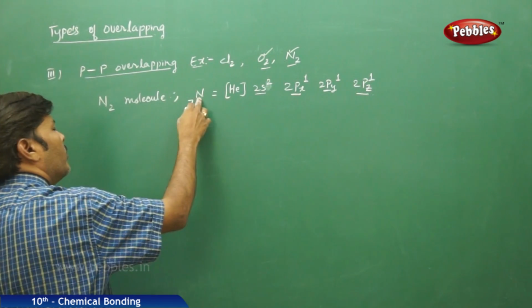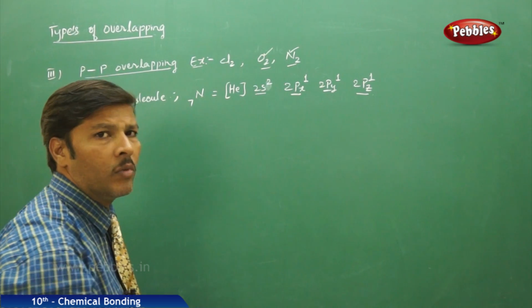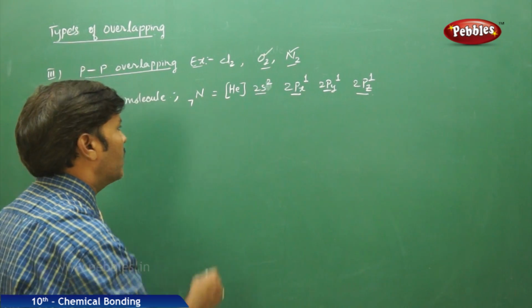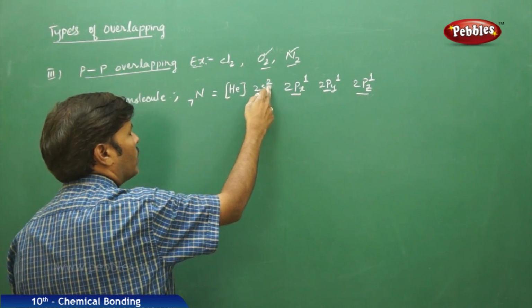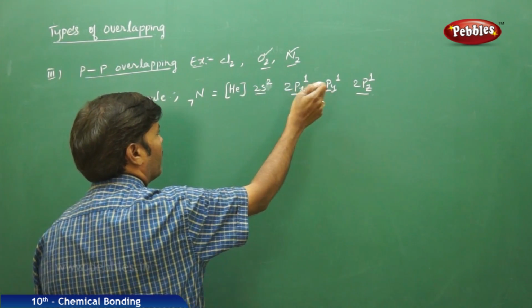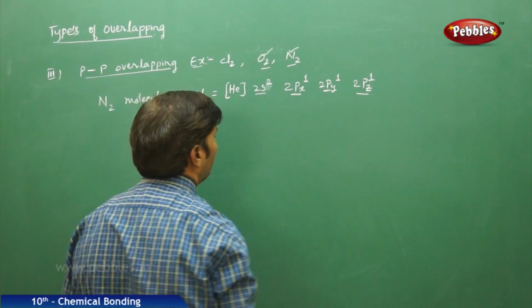What you are noticing is the atomic number of nitrogen is 7, so the total number of electrons present in nitrogen is 7 electrons. So helium contains 2 electrons, 2s orbital contains 2 electrons, and 2px1, 2py1 and 2pz1, total 7 electrons.